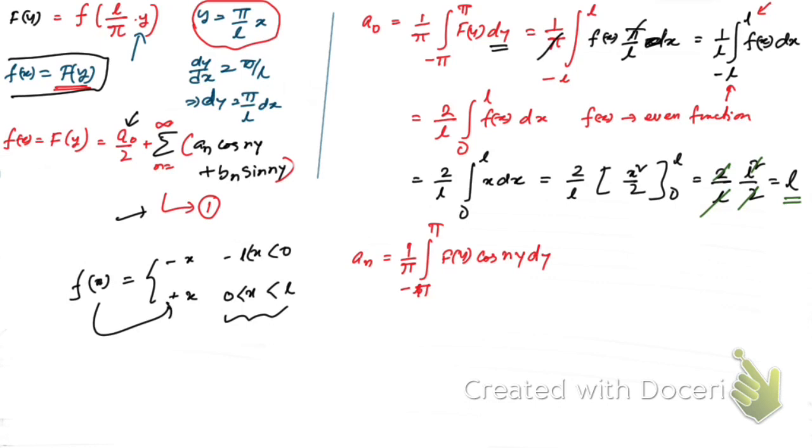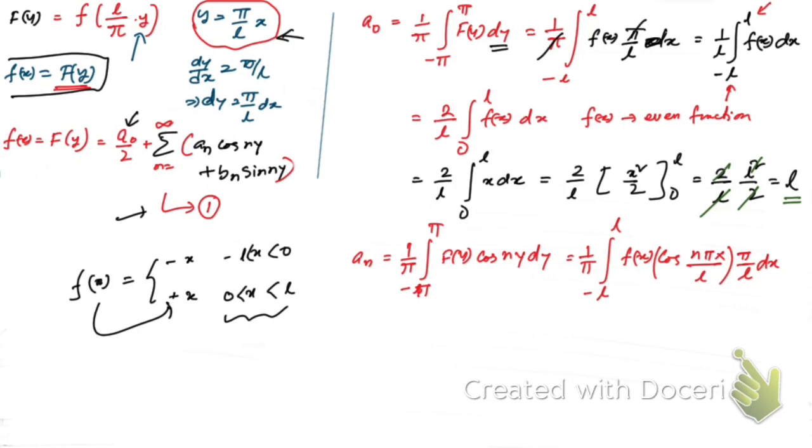Then if you replace this y by pi x by l, you can get 1 by pi integral from minus l to plus l of f of x cos n pi x by l dx. Here dy will be replaced by pi by l dx. So that's what we will get. So hope you have understood this.